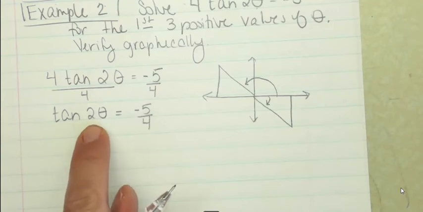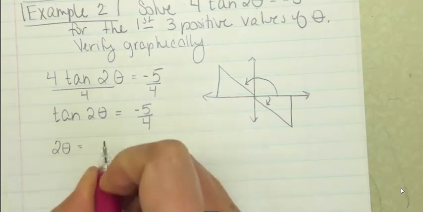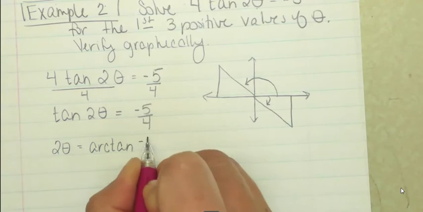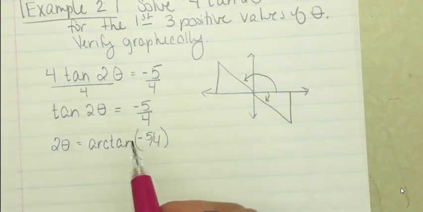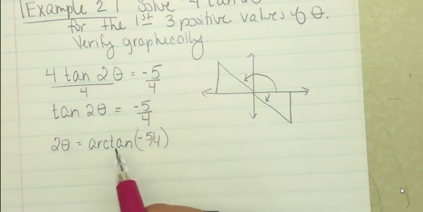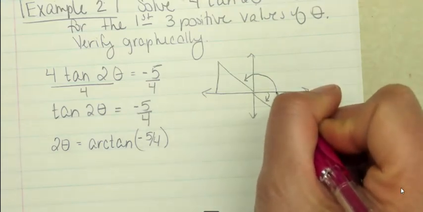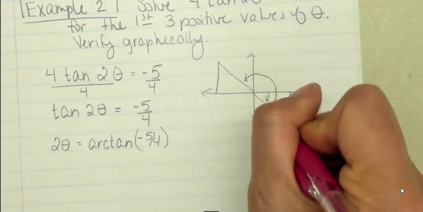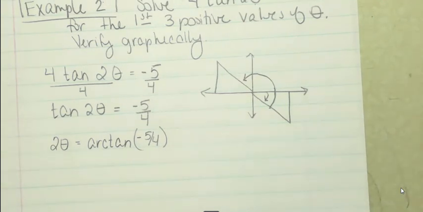So getting this double angle by itself, I arctan both sides. Well, arctan really means take whatever angle you get here, the tan inverse, and from where the terminal side of that angle is, you're going to want to add a whole half of a revolution, 180 degrees or a pi.